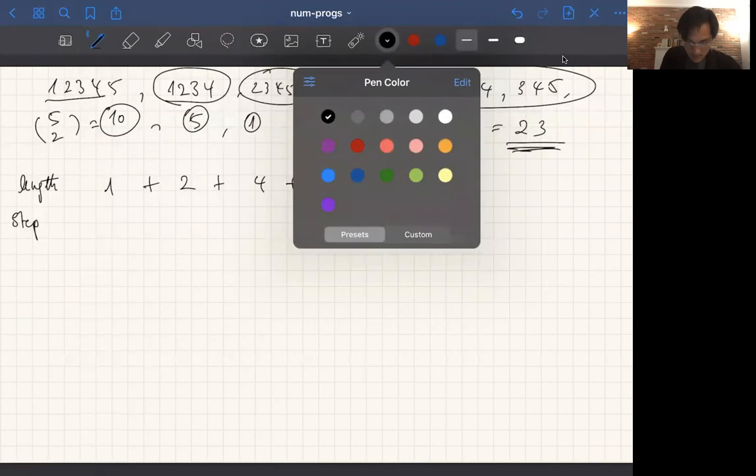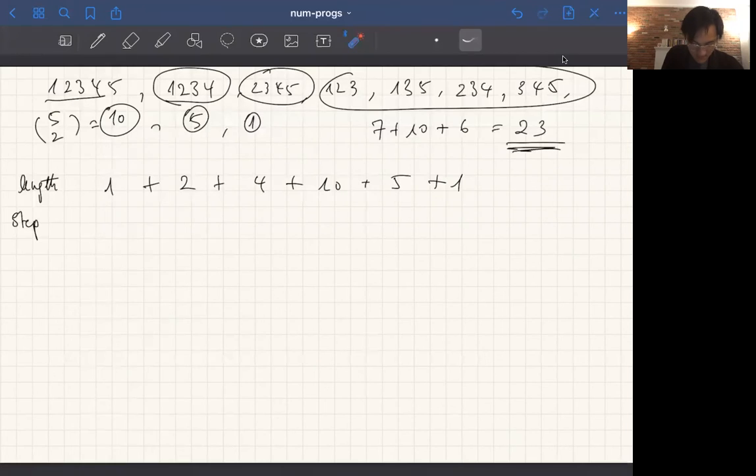So of step 1, these are all step 1. In fact, I'm pretty sure they're all 1. Okay, what is that? How many is that? 1, 2, 3, 4, 5, 6, 7. There's only 7. That's also kind of sad.